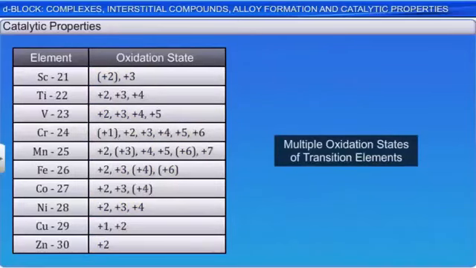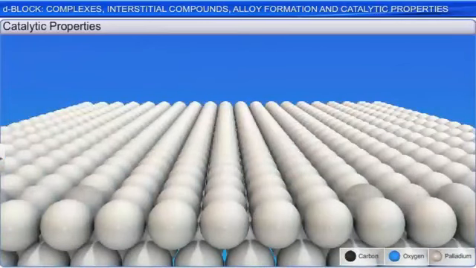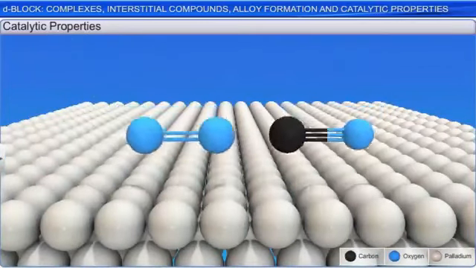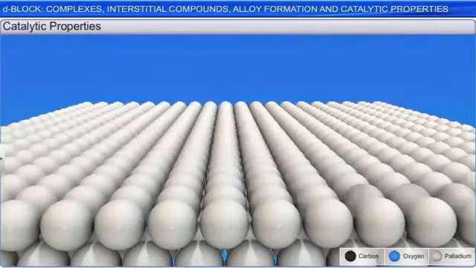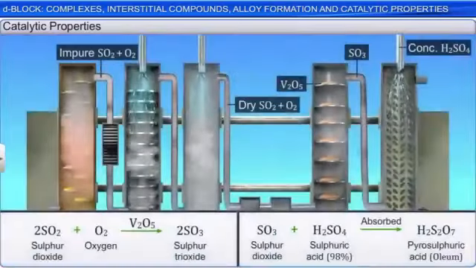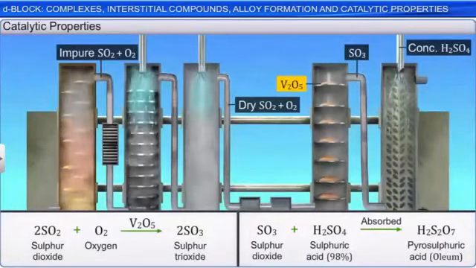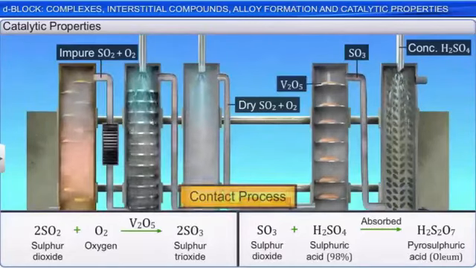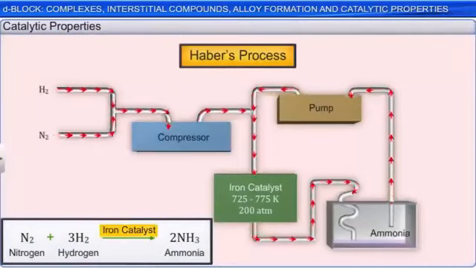These metals also catalyze reactions by providing a suitable reaction surface. Familiar examples include the use of vanadium(V) oxide in the manufacture of sulfuric acid by the contact process, the use of finely divided iron in Haber's process for the manufacture of ammonia, and the use of nickel in the hydrogenation of oils.